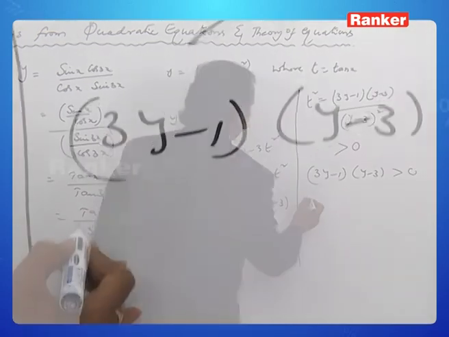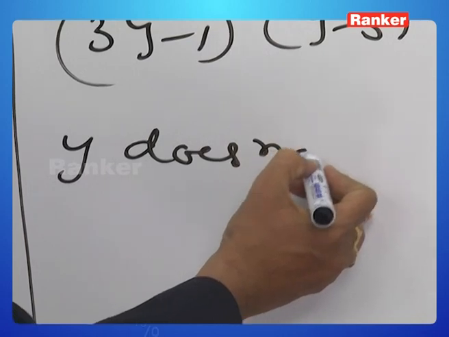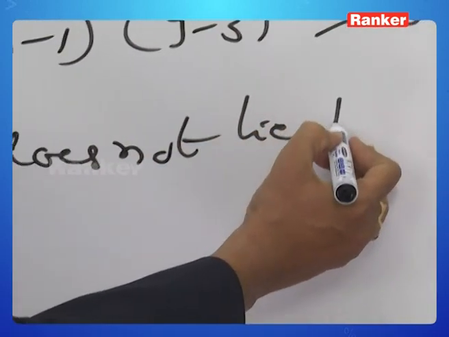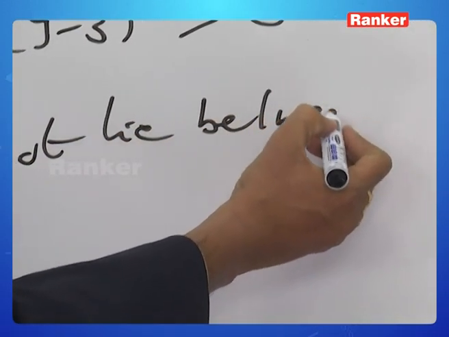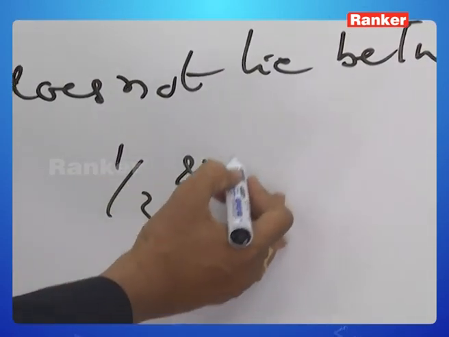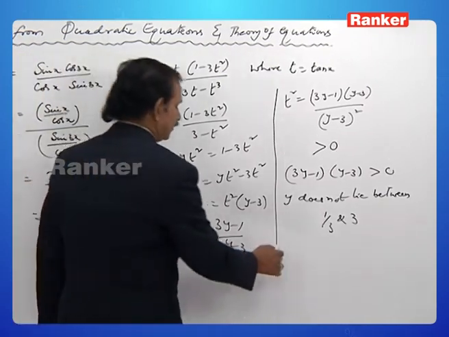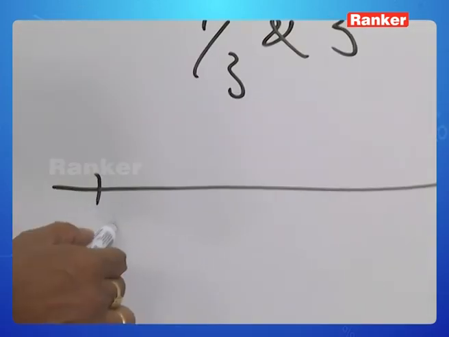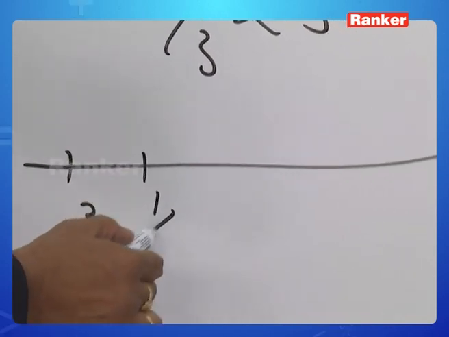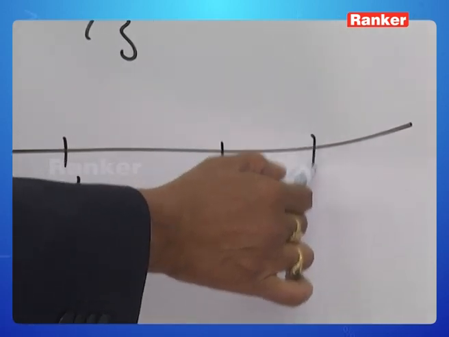That is, y does not lie between 1 by 3 and 3. But you see, 1 by 3, 1 by 2, 2, 3.